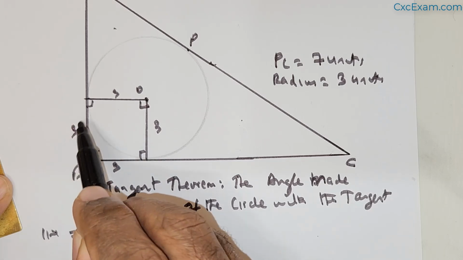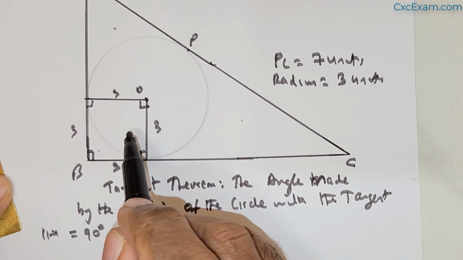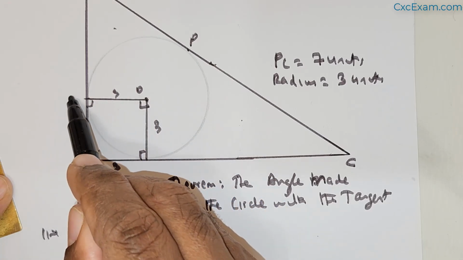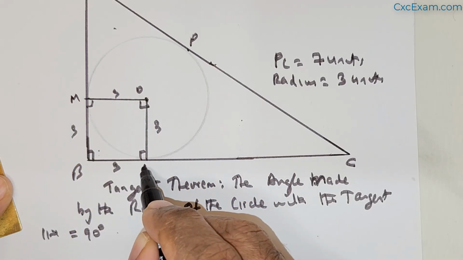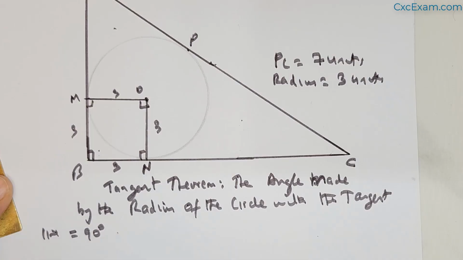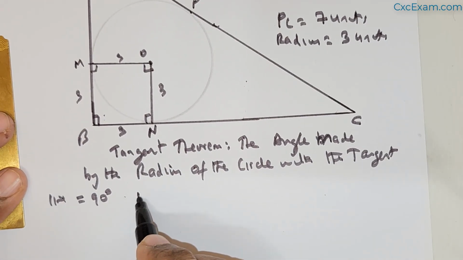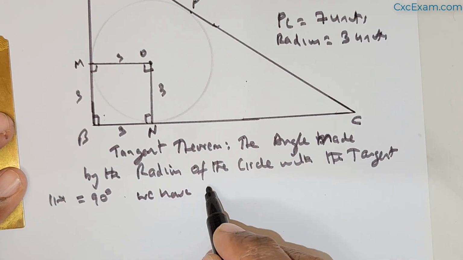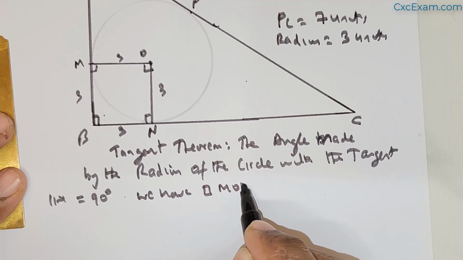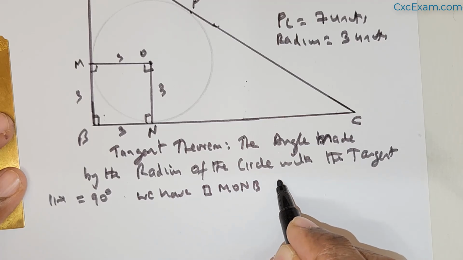So we have a square there. Let me call this MONB. So we have the square MONB created.